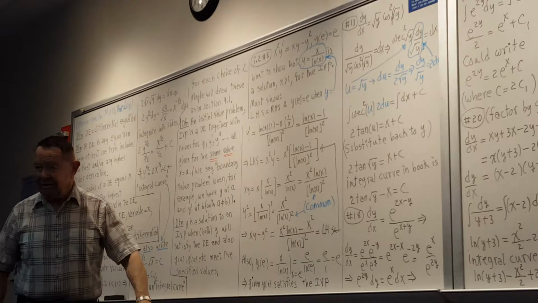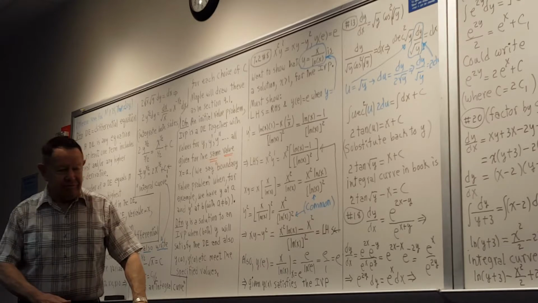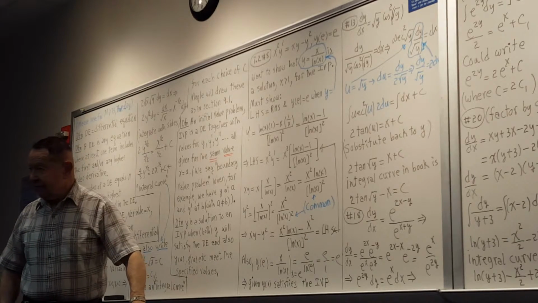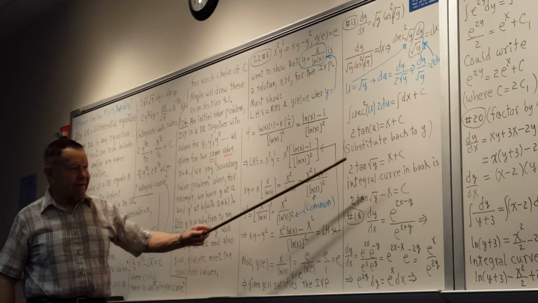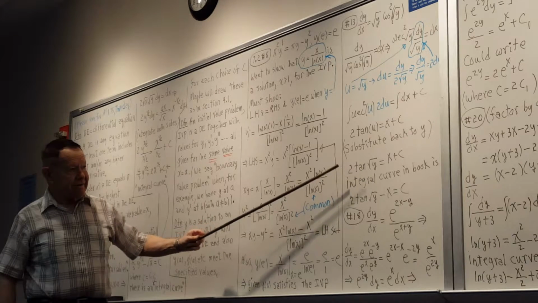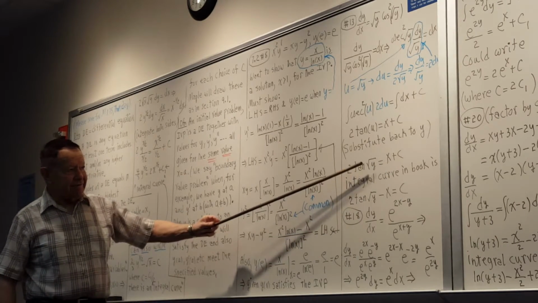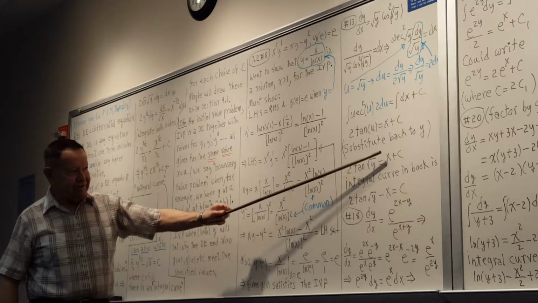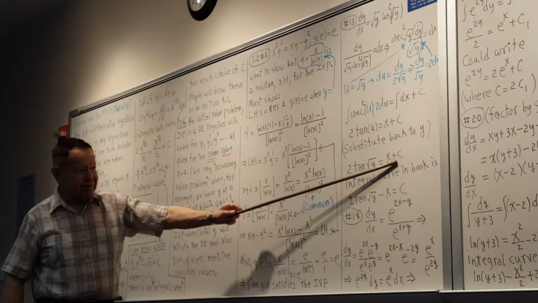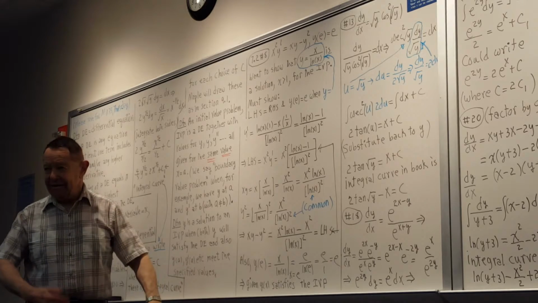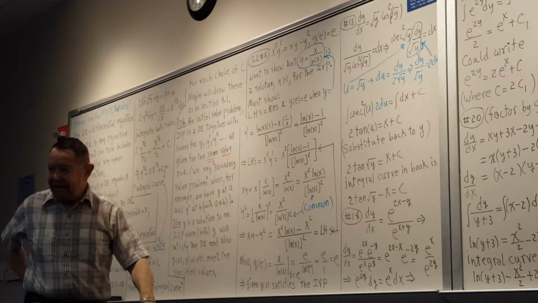Notice that with these, usually you don't try to solve for y as a function. You could divide by the 2 and then say root y is arctangent x plus a constant over 2, and then y would be the square of that.